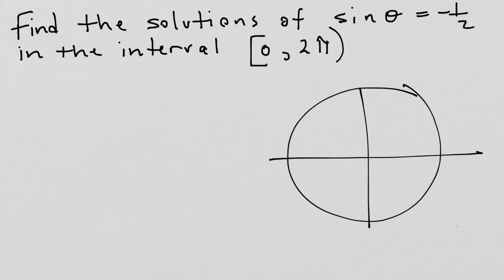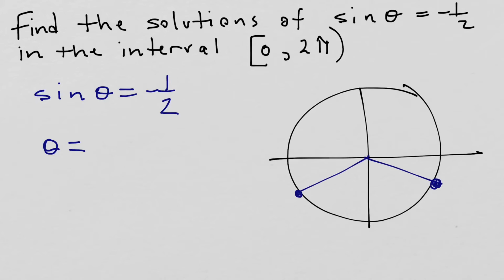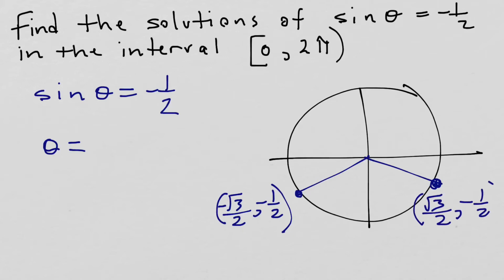So we start out by saying sine of theta is equal to -1/2. So we're simply asked to find where all the angles are where the sine is -1/2. So this time sine is -1/2. So this is -√3 over 2, -1/2. And this is √3 over 2, -1/2.